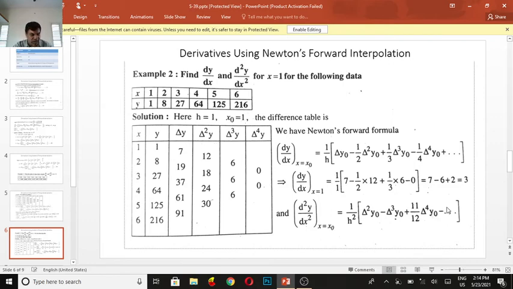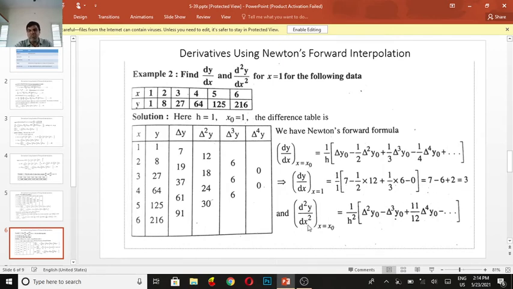All other higher derivatives are 0. So 7 minus half of 12, that is 7 minus 6, plus 2, so we get 3. So dy by dx at x equal to 1 is 3.